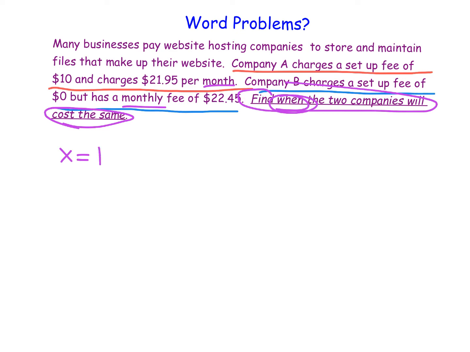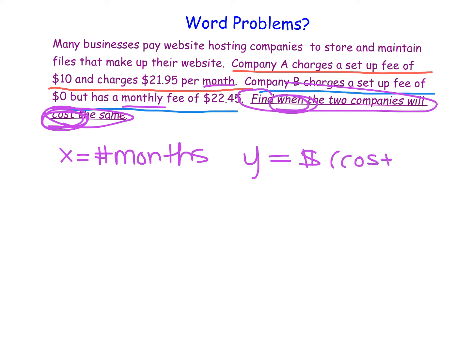So for x, I'm going to call x the number of months that have gone by, because that's something I don't know, but that's kind of how time is being defined in this problem. Now, the second thing I don't know is when the costs are the same. So we have cost that can be represented by y.